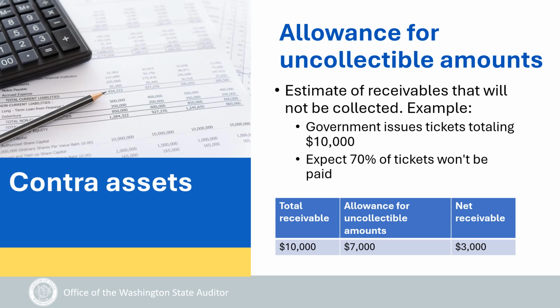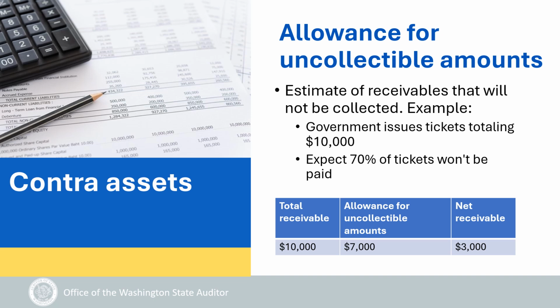Another type of contra asset account is the allowance for uncollectible amounts. This is an estimate of the amount that will not be collected due to failure to pay. So let's say in 1 month, a city issues speeding tickets totaling $10,000. Based on their past collection experience, the city usually only collects about 30% of what they're owed. Most tickets are uncollectible.